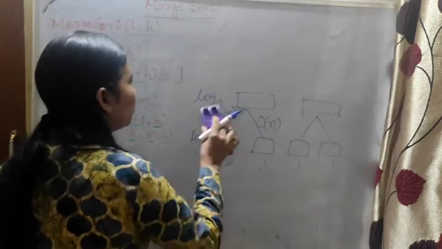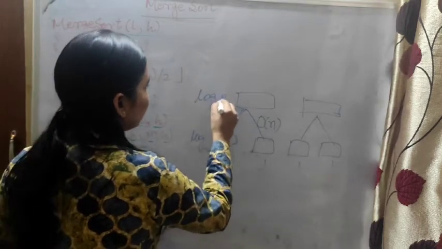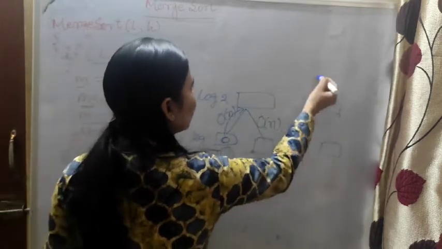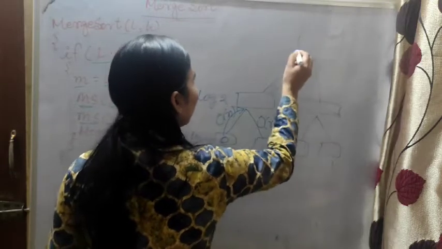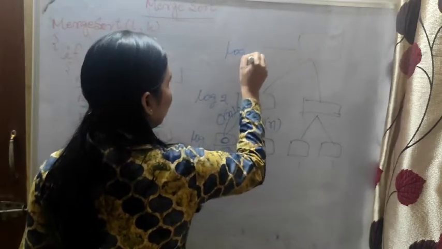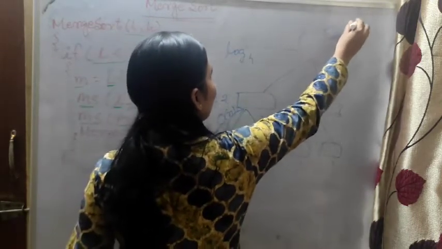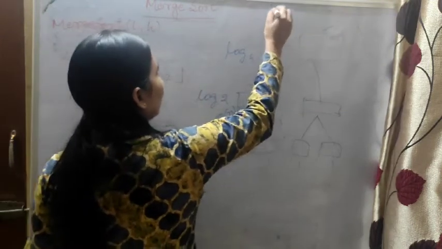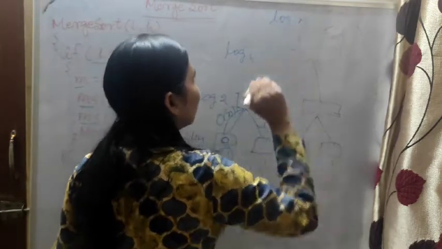Then log 2, because there are two values, and now these two are merging, so it will come log 4. Like this it will become log n.